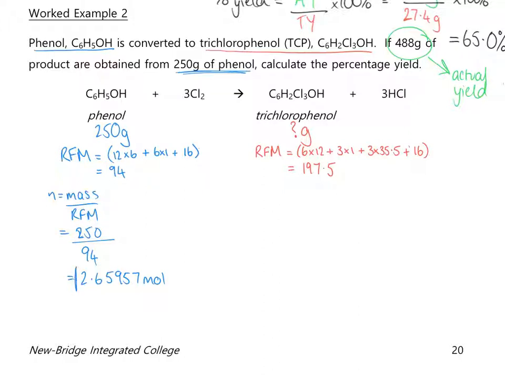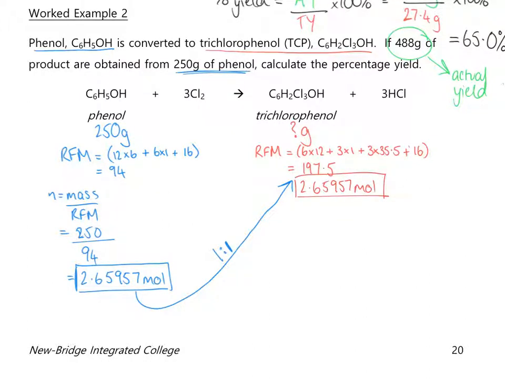Okay, and try and keep that as accurately as possible in your calculator. You could even store it, but if we just continue to use it, you can just work from there. So bringing that over to our product to work out the number of moles of product in theory that we produce. It's a 1-to-1 ratio again, and so in theory, I will produce 2.65957 moles of my trichlorophenol.